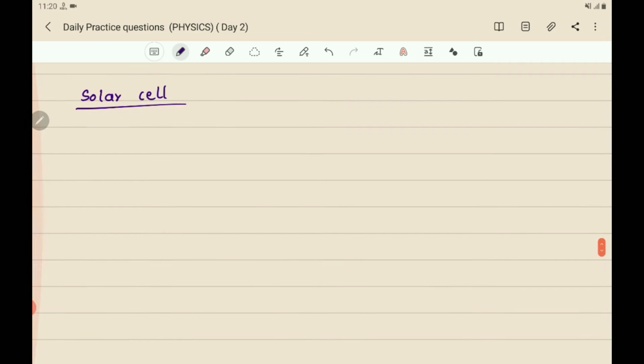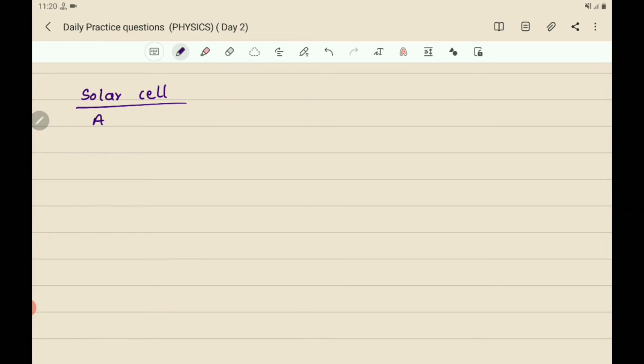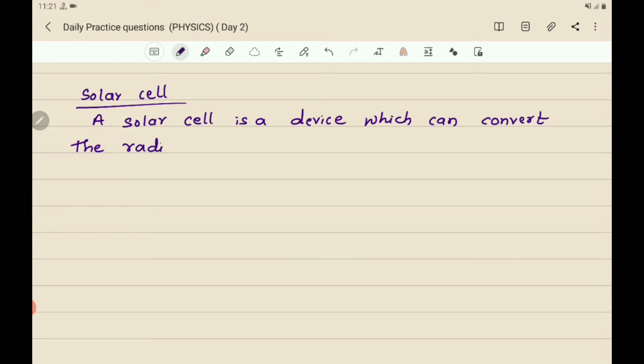So write, solar cell. What is solar cell? A solar cell is a device which can convert the radiant energy of the sun, that is called solar energy, directly into electrical energy.